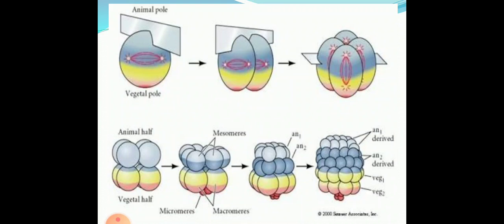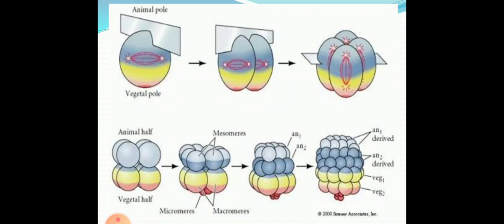From this stage the regularity of the cleavage is lost. After the fifth cleavage, regularity of the cleavage is lost and the blastomeres divide at differential speeds. The smaller ones divide faster than the larger ones. So these are the processes taking place in the cleavage: first cleavage, second cleavage, third cleavage, fourth cleavage, fifth cleavage.